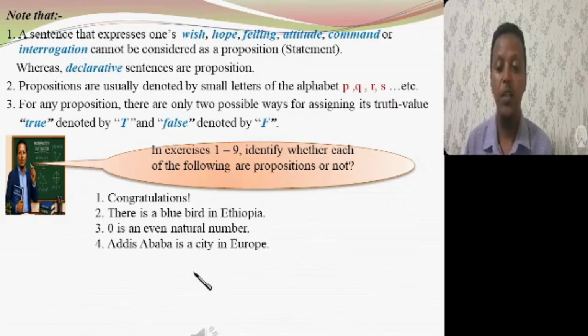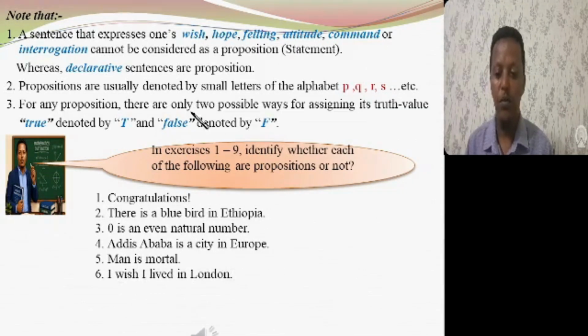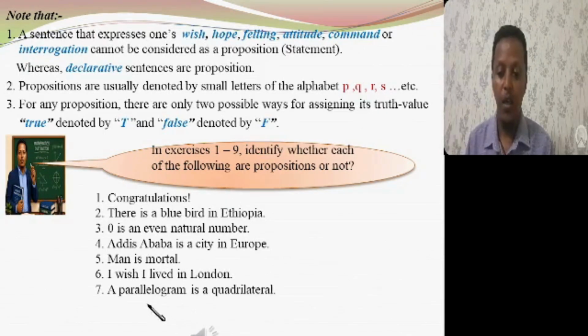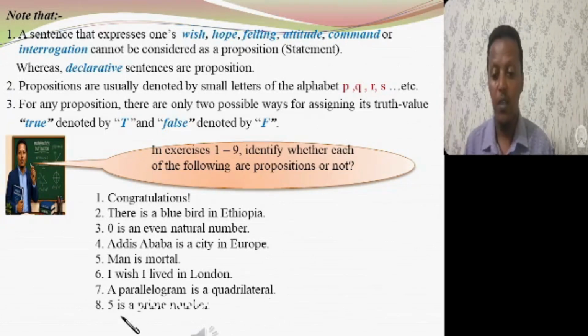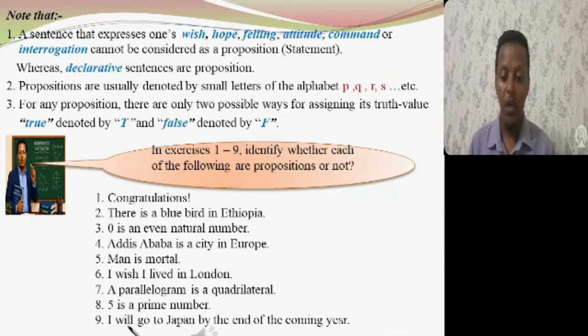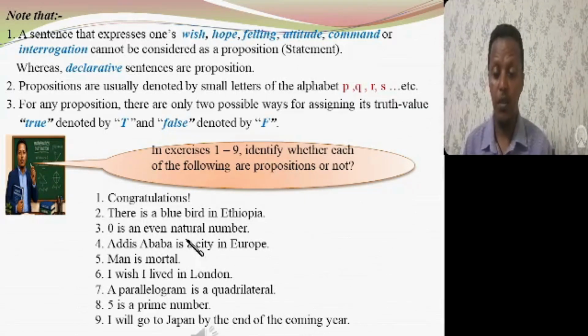Addis Ababa is a city in Europe. Man is mortal. I wish I lived in London. A parallelogram is a quadrilateral. 5 is a prime number. And the last, I will go to Japan by the end of the coming year.